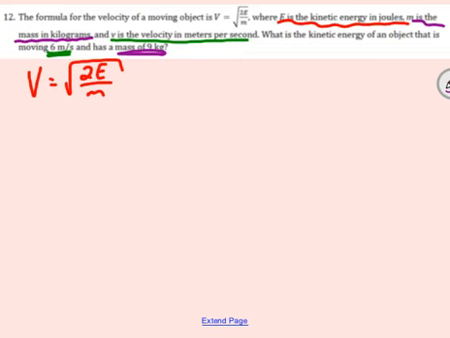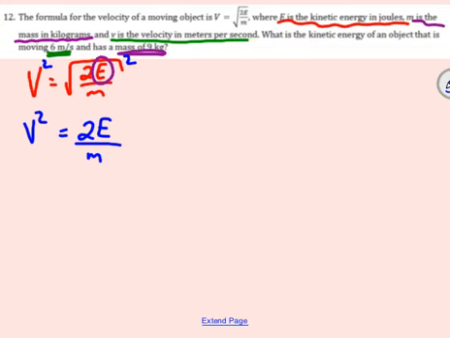So we are going to use the formula for a moving object. We want to solve this for E here. So E is not by itself, so let's try and rearrange this so that it's by itself first. What I would do is take a pencil and square both sides. So velocity squared is going to equal 2E over m.